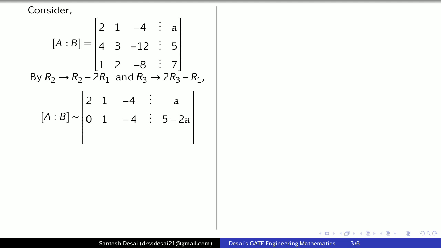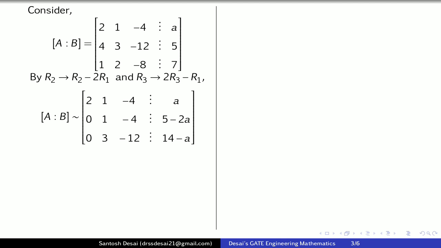Now using the transformation R3 changes to 2 times R3 minus R1, the third row becomes, first element is 0, then 4 minus 1, that is 3, then minus 16 plus 4, that is equal to minus 12, and 14 minus a.